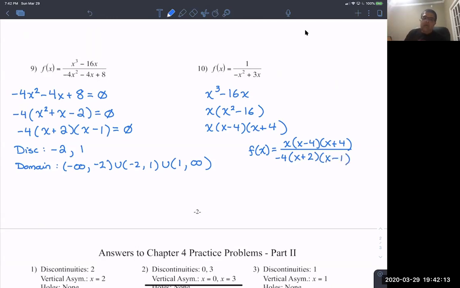Now, I want to see if any of these things can be canceled out. Well, if you notice, nothing can be canceled. So that means I have no holes. And that means all of my discontinuities classify as vertical asymptotes. So my vertical asymptotes are x equals -2 and x equals 1.